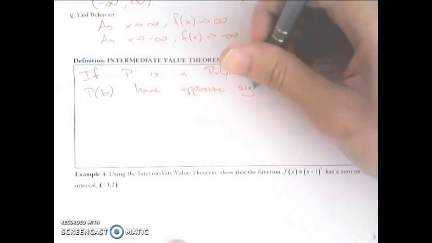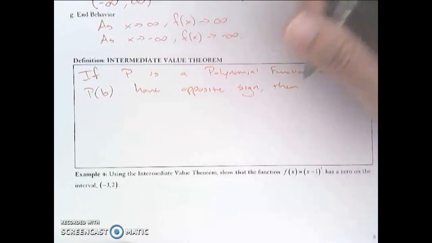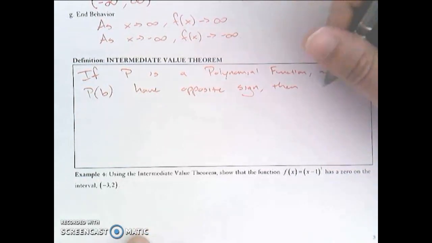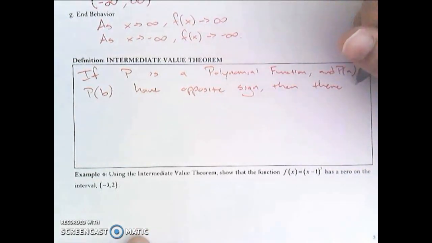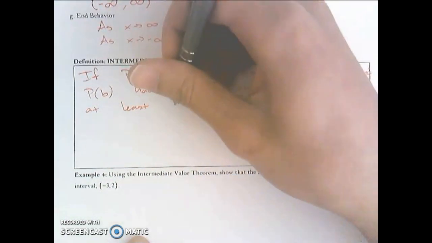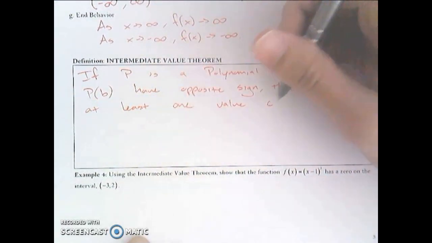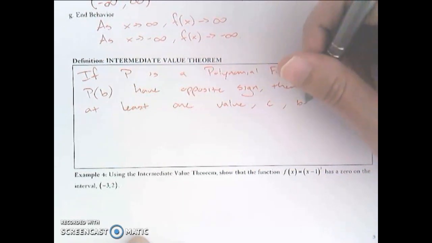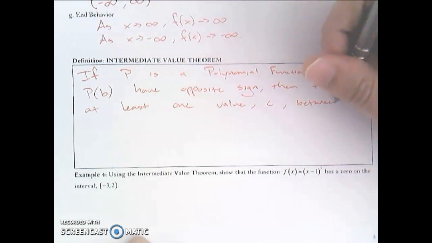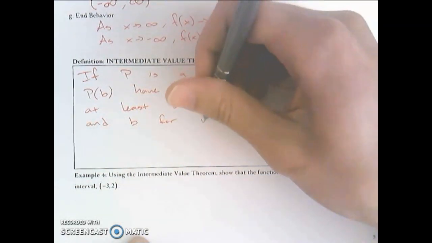So one's negative, one's positive. It doesn't matter which one is which. Then the intermediate value theorem states that there exists at least one value c. So that's another x value c that is between a and b, for which p of c equals 0.